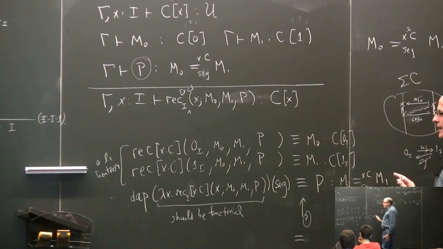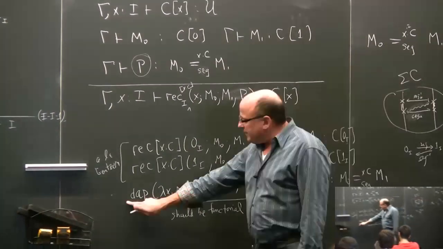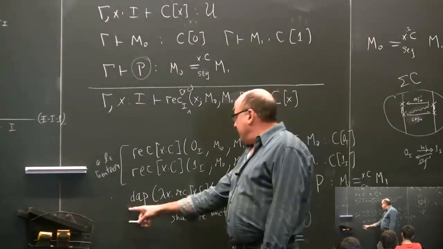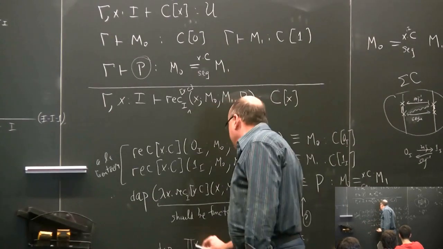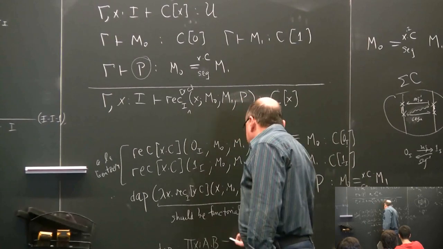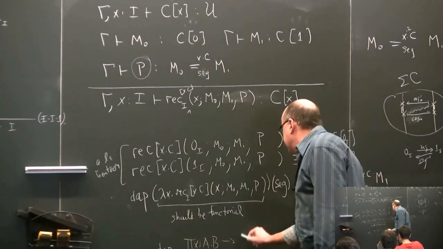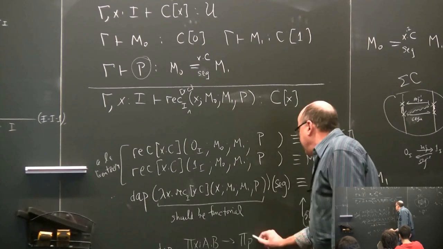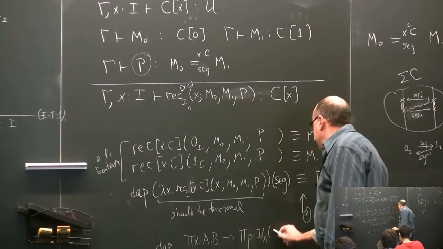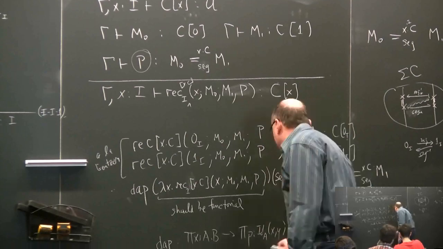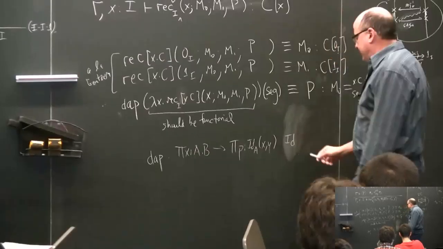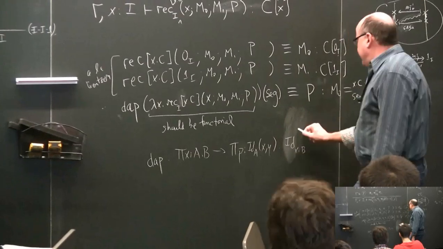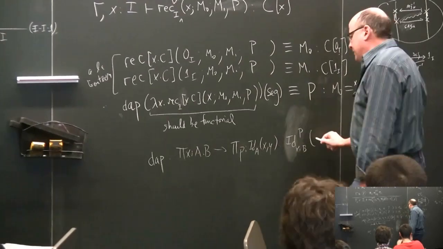But notice, in a certain way, it means that I'm patching the meaning of dapp, because dapp was this function that we were thinking of here. You could think of it as taking, more generally, pi x in A, B. And what it does is, if you give it a path in A, let's call it between x and y, then what it gives you back is a correlated path, and we could write it, now the notation gets a little messy, as x B correlated by p to f x.